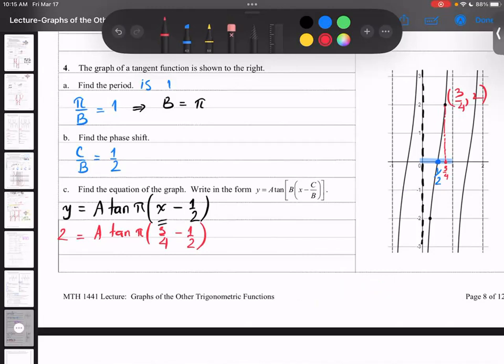What is 3/4 minus 1/2? 3/4 minus 2/4 is 1/4. So 2 equals A tangent of pi times a quarter, which is pi/4. Tangent of pi/4 is 1, right? So A is 2.